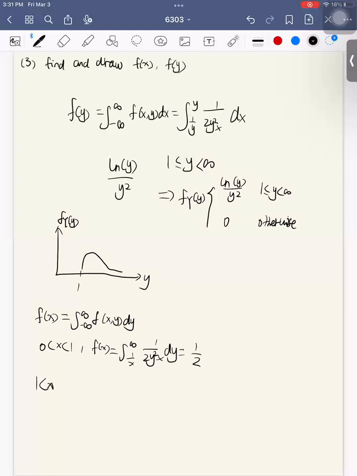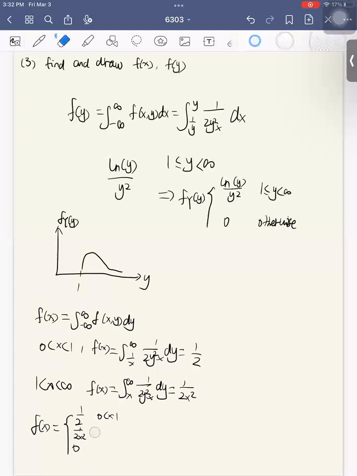And the other range is 1 to infinity. The result of the integral looks like 1 over 2 times x squared. So now we can write f_X like this.